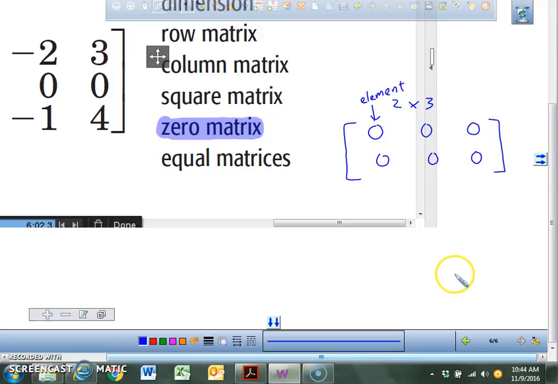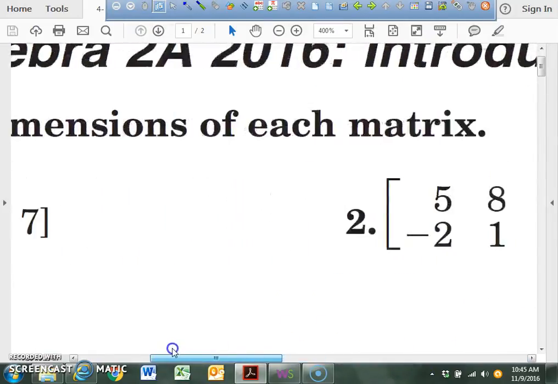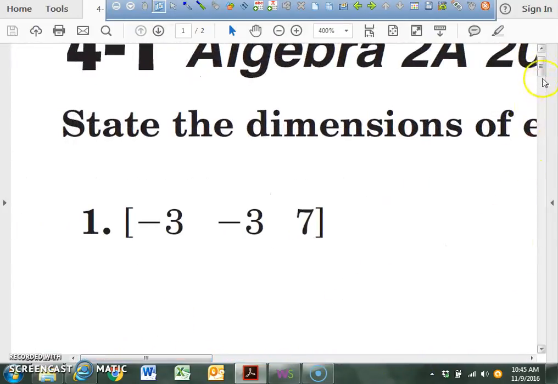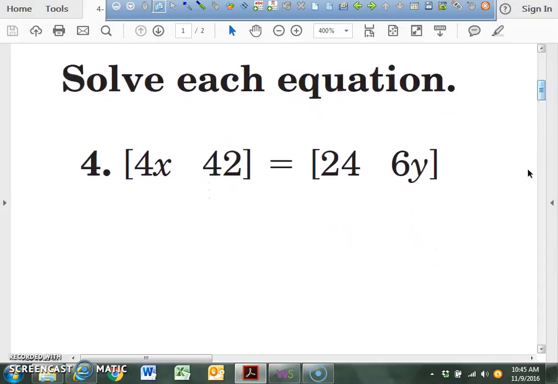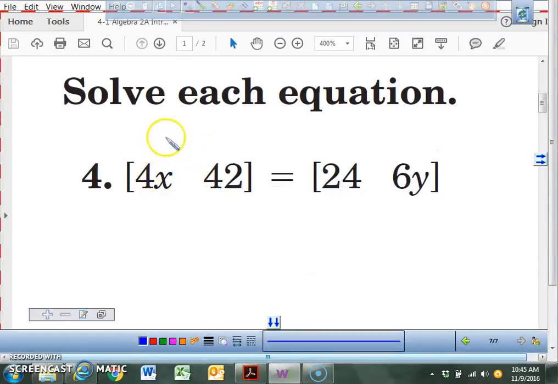Okay? Now the last thing we're going to talk about is this thing called equal matrices. So could you guys put number 4 in your journal? Let's look at number 4. Number 4 is a 1 by 2, which is equal to this 1 by 2.